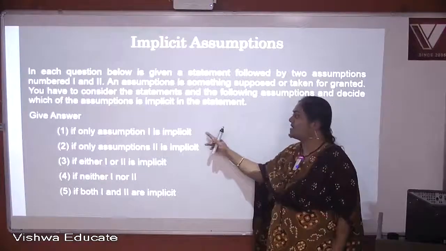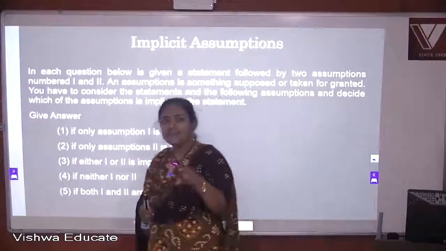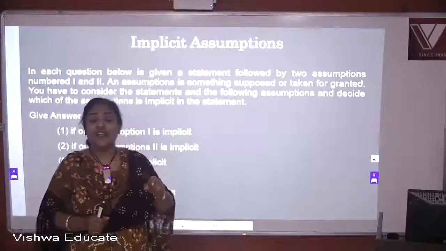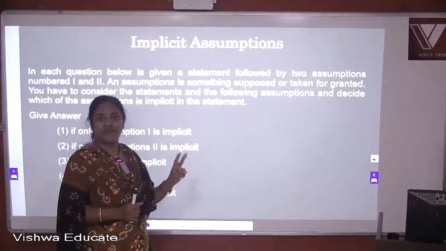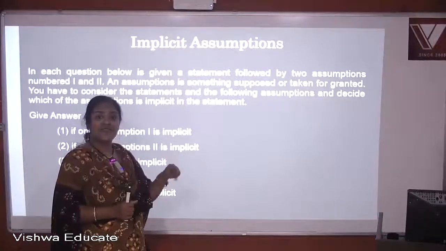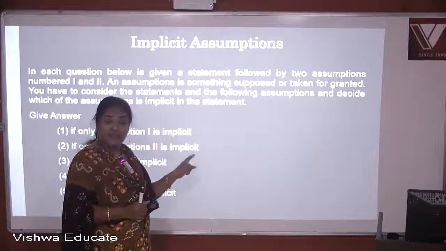Now look at this one, how you have to go about it. If only assumption 1 is implicit, when you choose this option, it is definite that you must prove that assumption 2 is wrong. Understood? Unless you prove assumption 2 is wrong, you cannot choose 1. So make this point very sure.